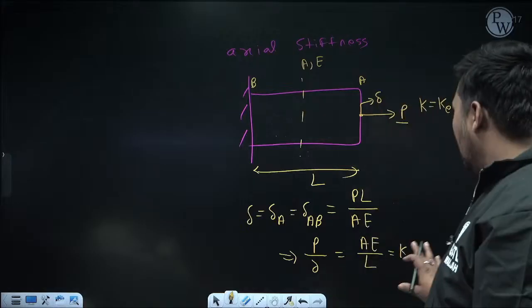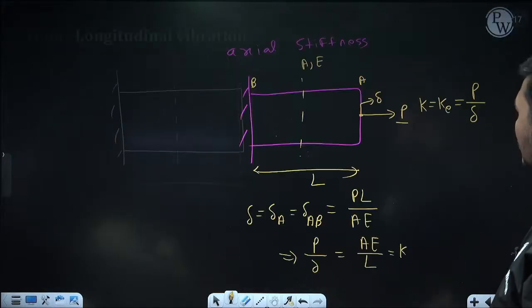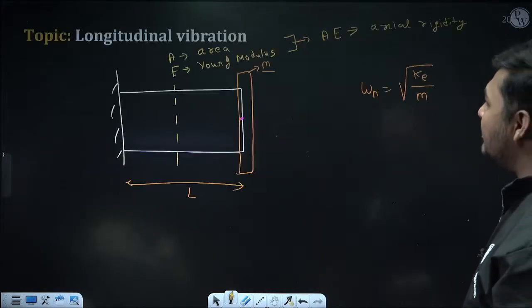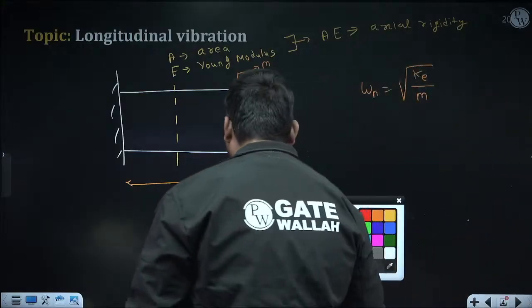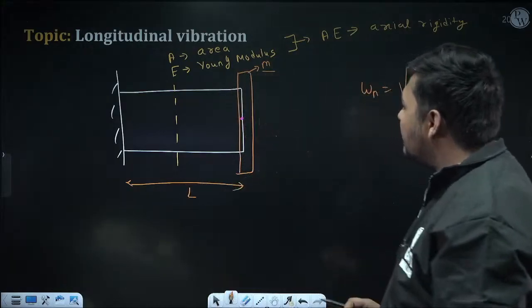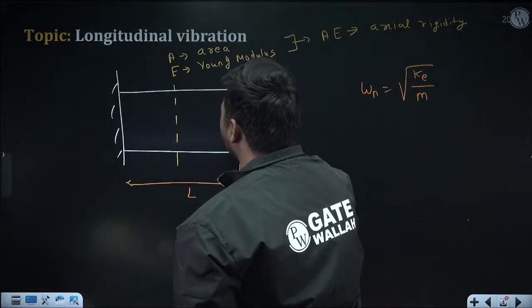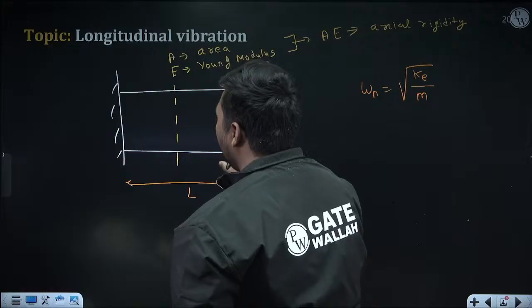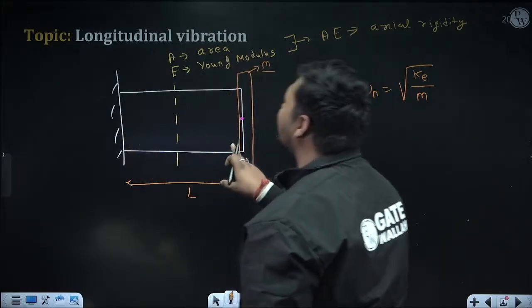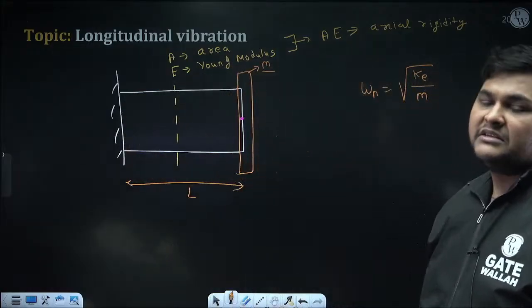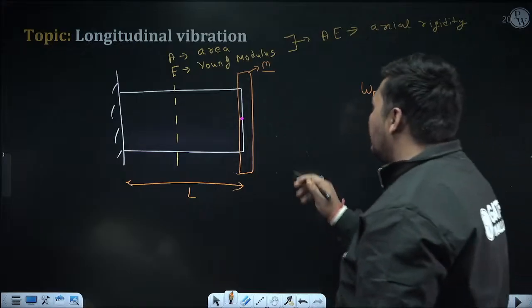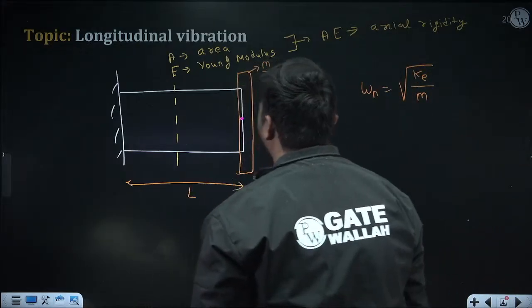Now if you know this formula, and the same question comes in the exam, how can you draw the equivalent diagram to solve the problem? See, whenever this question comes, this end is fixed, here the rotor is attached, and AE of this entire bar is the same, and we know the formula to calculate the axial stiffness of this portion. This is AE by L. So what you can do now is draw its equivalent diagram whenever you want to calculate natural frequency.